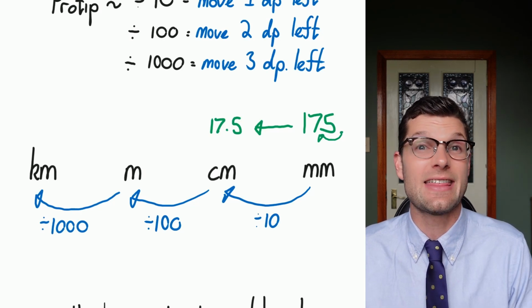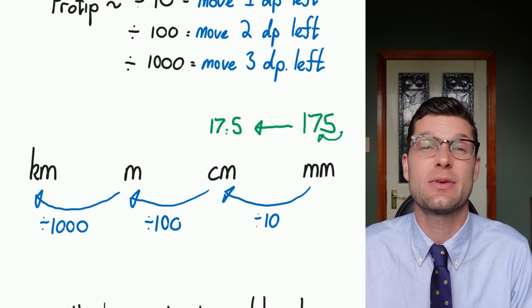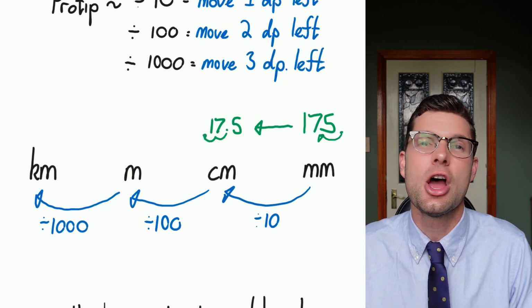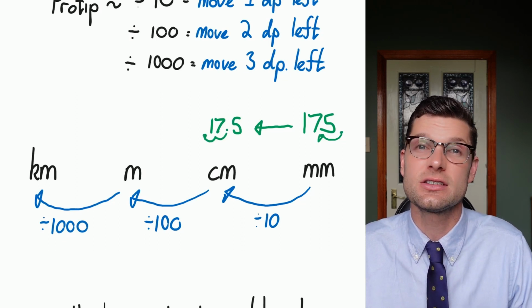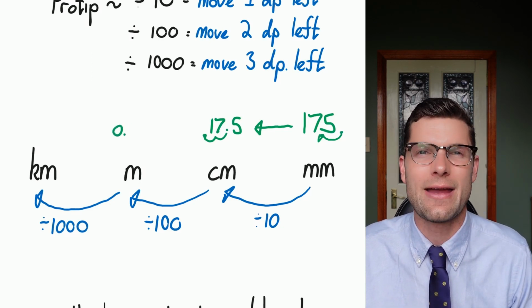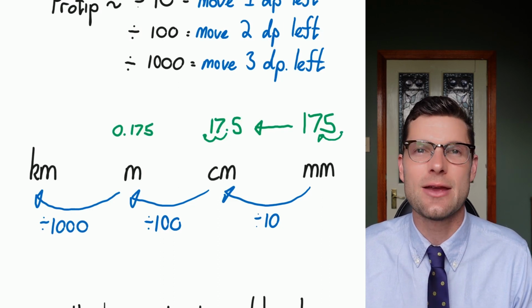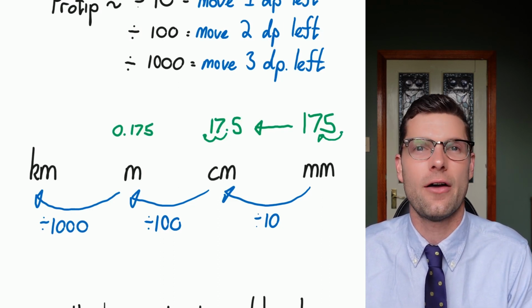Now, if I wanted to say that in meters, I would have to move that decimal place 2 more spots because I'm dividing by 100. So if I move that 2 spots, that's now out the front. I have to use a 0 in order to convey my meaning really well. But that means that 17.5 centimeters is the same as 0.175 meters.